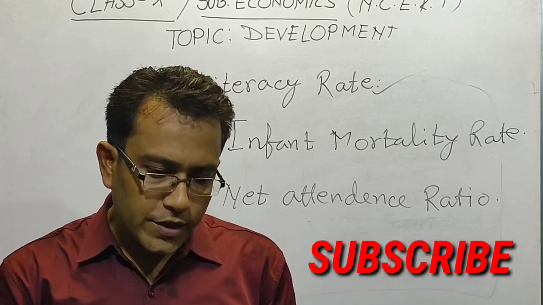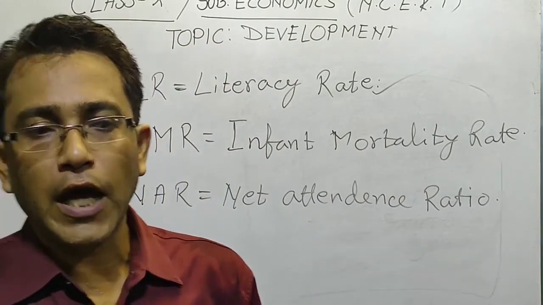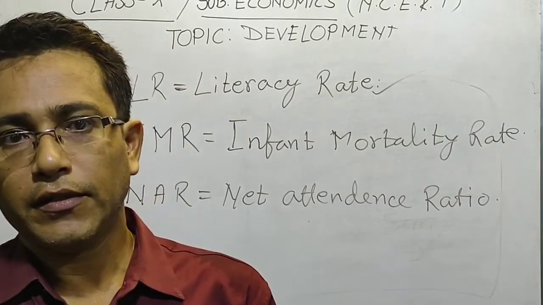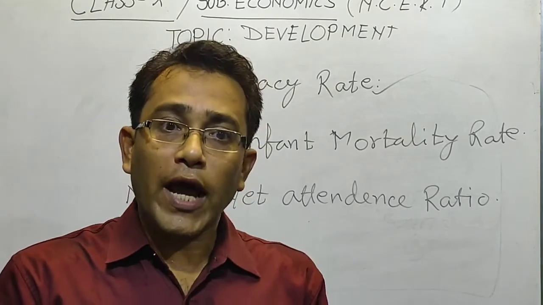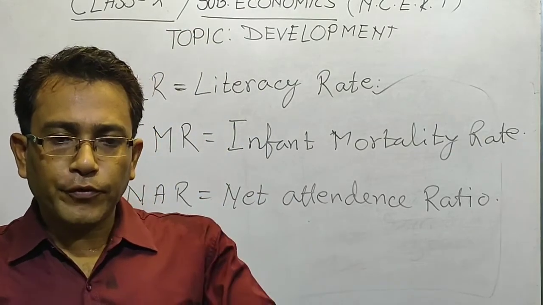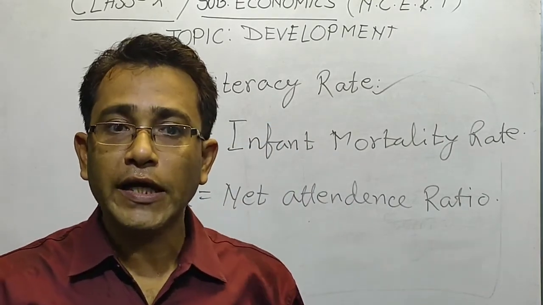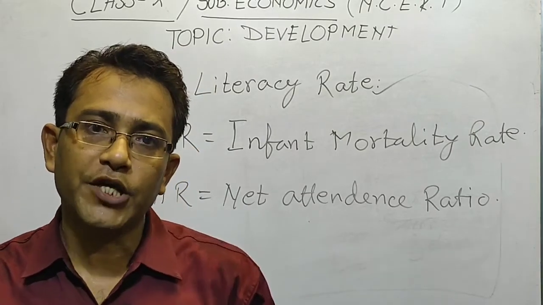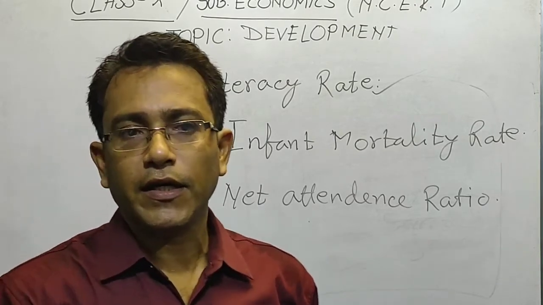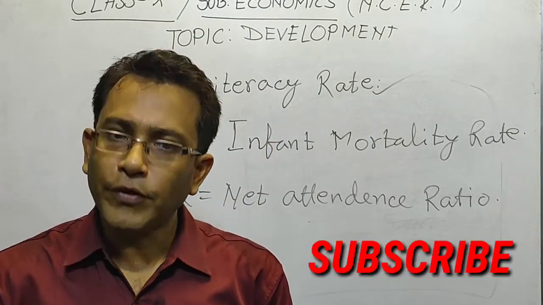Net attendance ratio means, for the children of the age group of 14 to 15, how many students are getting admission in school and going to school, and what is the percentage of their attendance in the school. If the percentage is high, that means the students are going to school regularly and taking proper education. Percentage means per 100 children, how many children are attending school in the age group of 14 to 15.